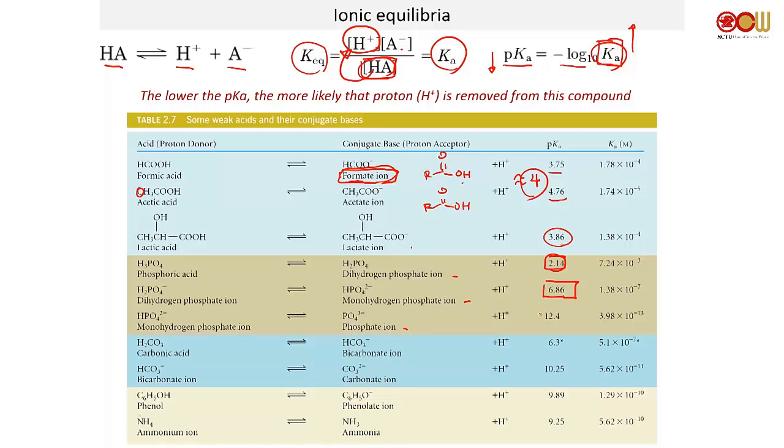And then the third proton is even harder with a pK of 12.4. Why is that? That is because every proton that you remove, you are accumulating charge on this molecule, so the molecule becomes less happy, and as a result, the pK becomes higher, all right?